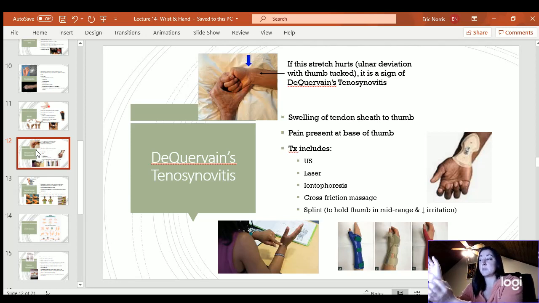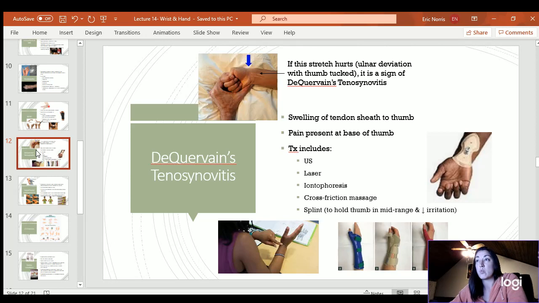The pain is typically right there at the base of the thumb, and with treatment, it's a lot of modalities. Again, ultrasound, laser, iontophoresis, all can be used to decrease the swelling and the irritation in the area. You can also use some cross-friction massage and some splinting to hold in a neutral range in order to decrease the irritation.